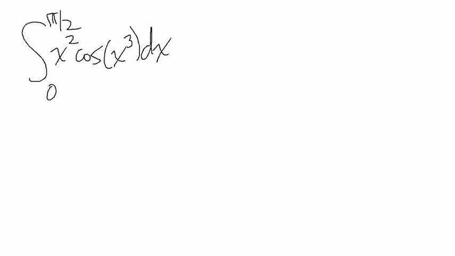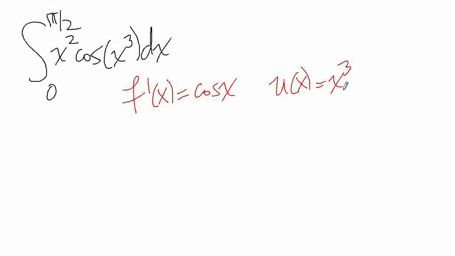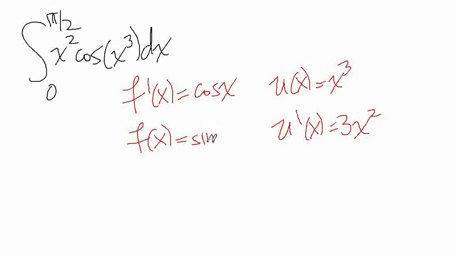Okay, so I'll go ahead and work this one out. So f prime of x is equal to cosine of x, and u of x is equal to x cubed. So that implies that u prime is equal to 3x squared, and f of x is equal to the sine of x.